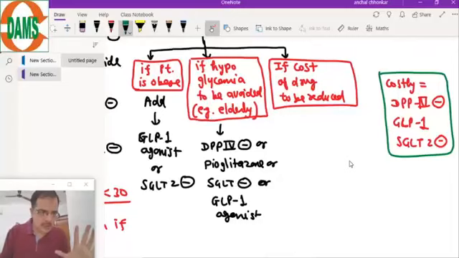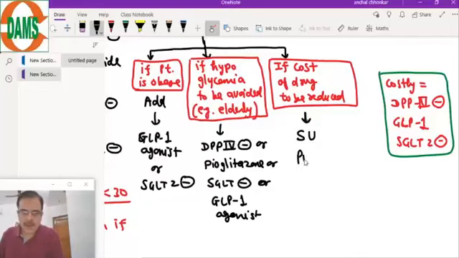One SGLT or DPP4 tablet costs around 45 to 50 rupees, and GLP-1 agonist comes in thousands. It is 3 to 4,000 rupees. So these are costly drugs. So in that case, if cost is a factor, then go for sulfonylureas or pioglitazone.